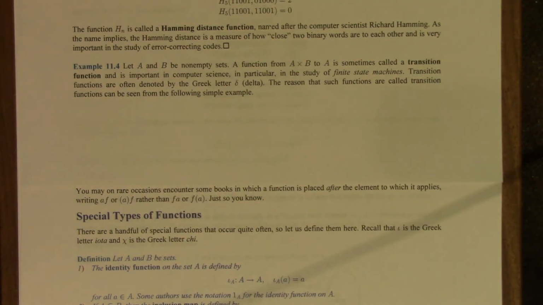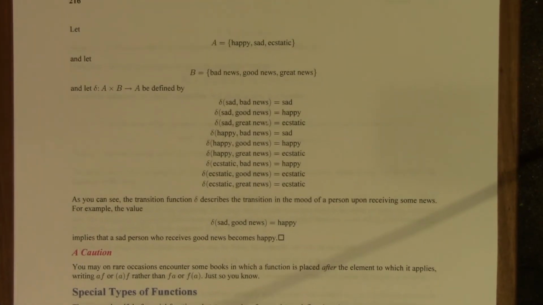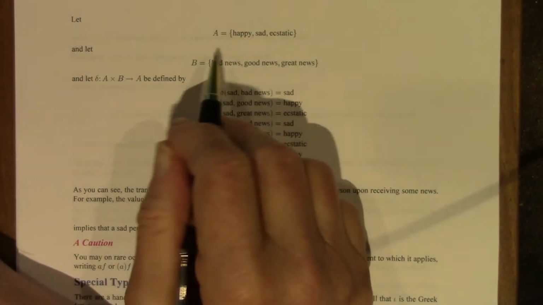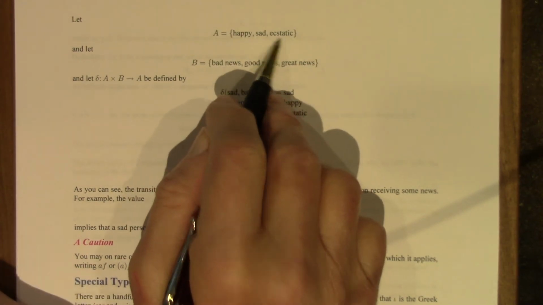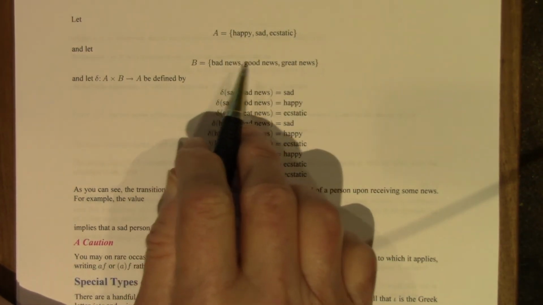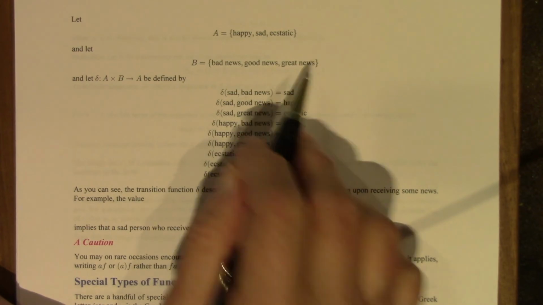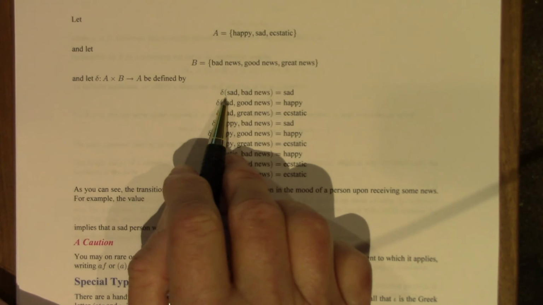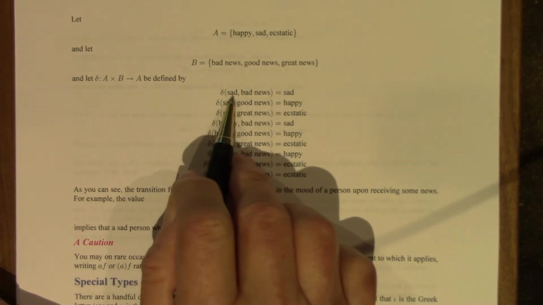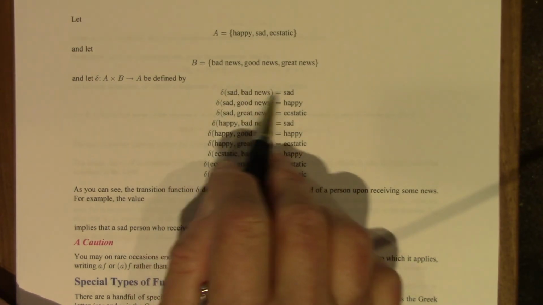The reason they're called transition functions can be seen from this simple example that I made up. Suppose A is the set {happy, sad, ecstatic}, and B is the set {bad news, good news, great news}. Then the transition function in this case will send (sad, bad news) to sad.